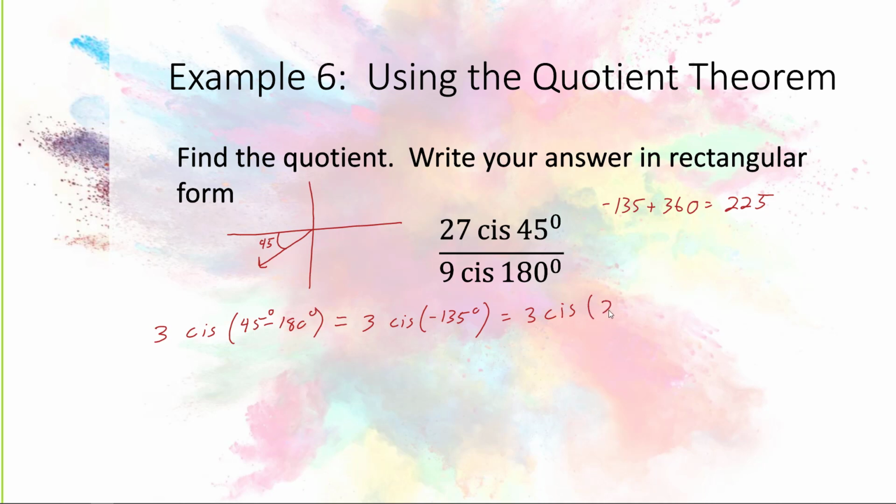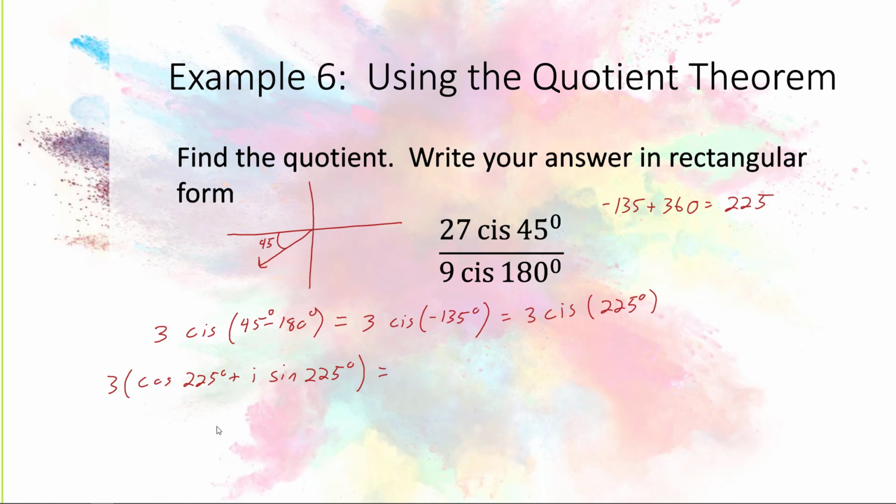CIS 225 degrees. Now we need to write this in rectangular form, and it's probably easier to get into rectangular form if we write this in the expanded form, which is 3 times cosine of 225 plus I times the sine of 225. And remember the reference angle is 45 degrees.